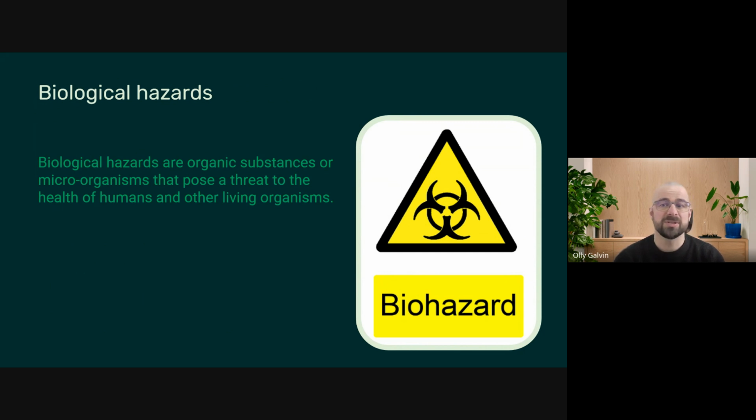Examples include pathogenic bacteria, viruses, fungi, parasites. So if you're putting on an event on a farm's field, you need to be thinking about the hazard of salmonella and E. coli from livestock feces. That's a biological hazard, something that you need to consider pretty carefully.